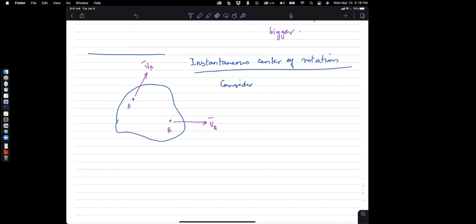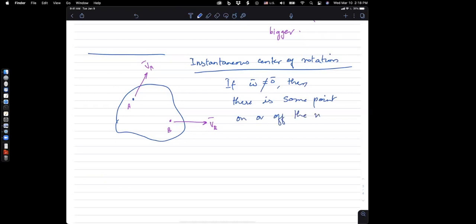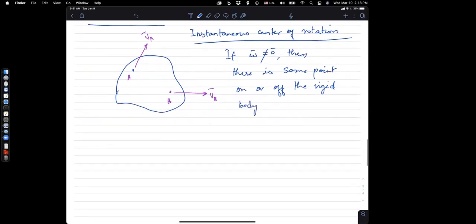Let me just say the high level principle. If omega is not equal to 0, then there is some point on or off the rigid body, let's say Q, for which V_Q equals 0.